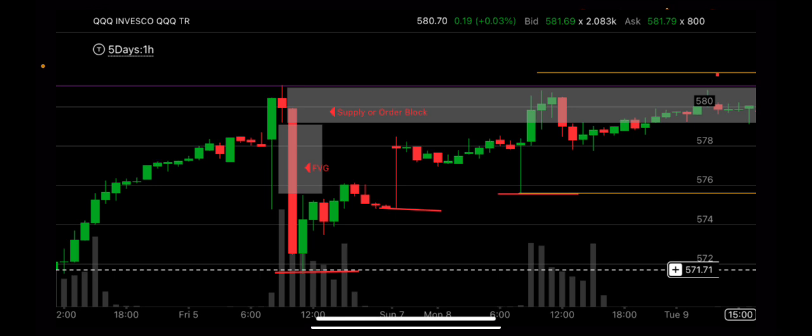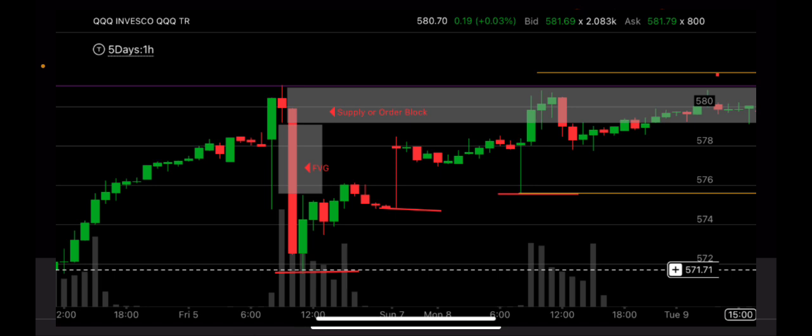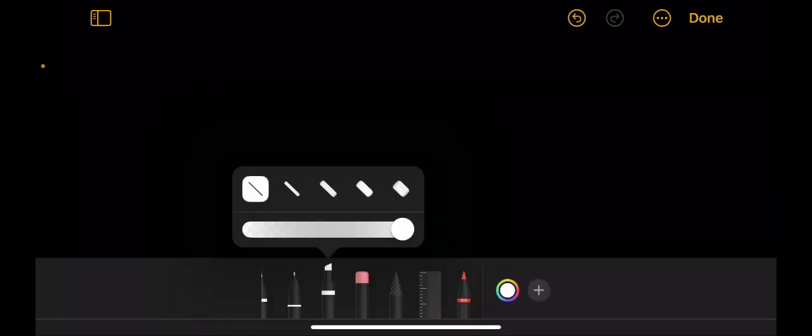A gap is pretty much price just jumping, just exploding, going up real high or dropping real low, like an impulsive move. Say you got regular price action, just moving, then it just shoots up.